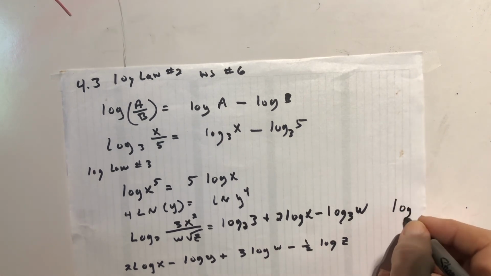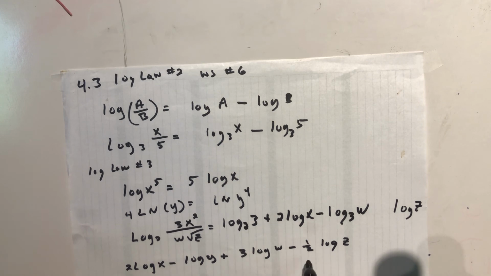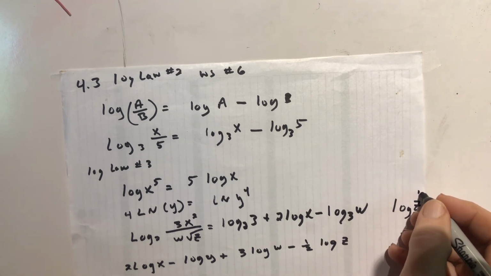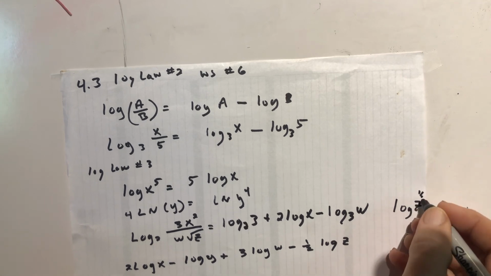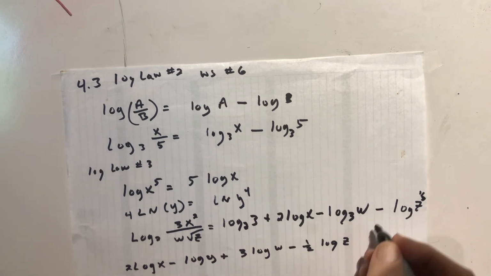It's getting just barely room here, and it has a half in front. So we're going to take that half and move it up and put it on the z. And it was also on the bottom, so it also gets a negative sign.